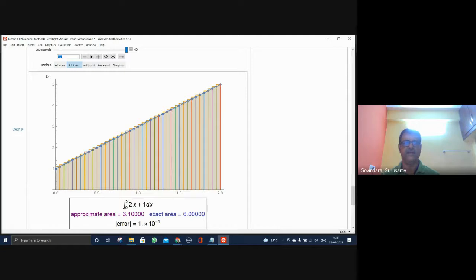This has a little error, left sum is lower, this is higher. That's because of the initial point that you select, that matters. Even with 40 points on the straight line portion, there is going to be an error in the second decimal. Left sum and right sum, one is higher and one is lower. Midpoint is almost the same.